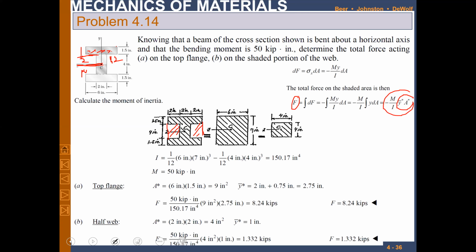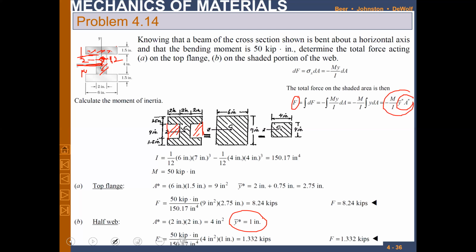Likewise, the second part of this question is the half web, the shaded portion of the web. So y bar in this particular case will be, this is the shape we want to calculate. If the centroid is at C, and the whole height is 2, then it will be at 1, right? So y bar for the half web will be 1 inch.